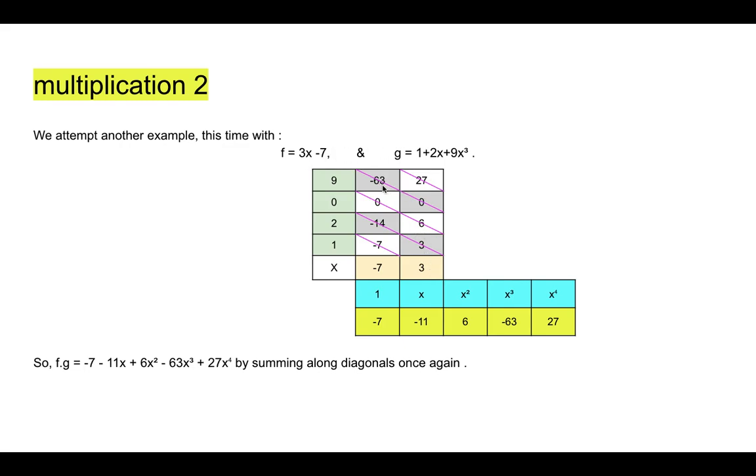The cubic term is simply negative 63x cubed coming from negative 7 times 9x cubed, and the quartic term comes as 27. That's by the multiplication of 3x with 9x cubed. So summing along diagonals, we get f times g is equal to negative 7 minus 11x plus 6x squared minus 63x cubed plus 27x to the 4.